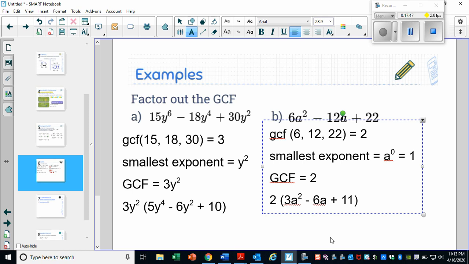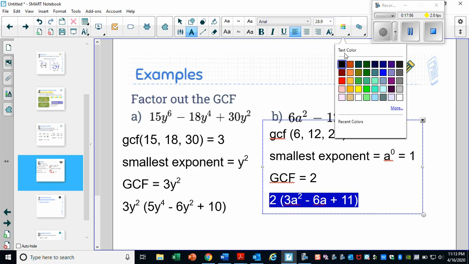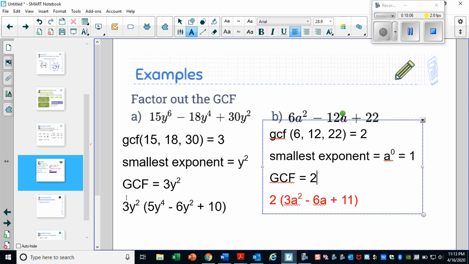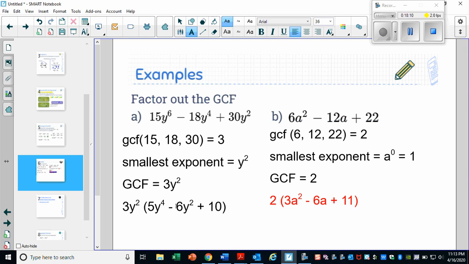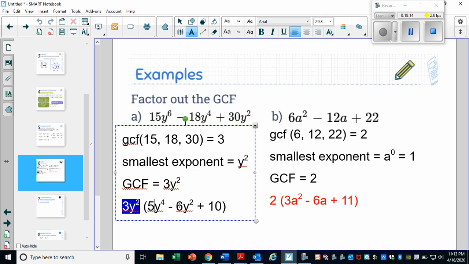So I'm going to highlight our final answers in red. I should have done the red as our final answer for both this problem and our original problem. Oops, sorry about that. Let's redo that.